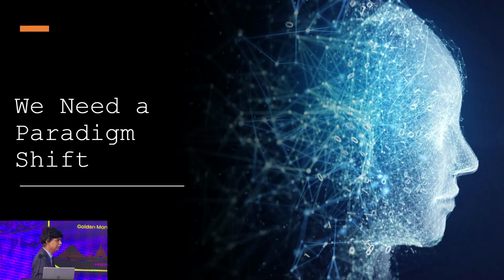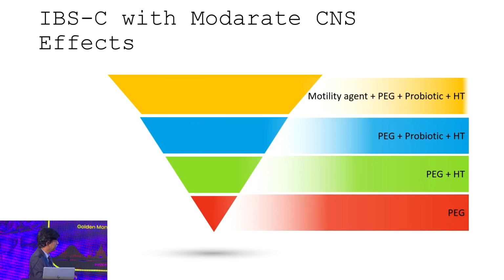I think, as I said in my chart, if somebody has IBS-C, for example, with a CNS effect, we would probably suggest using a motility agent, PEG and a probiotic, and to address the psychological effect, we use something called hypnotherapy. Then we gradually taper and stop the drugs when they resolve their symptoms.